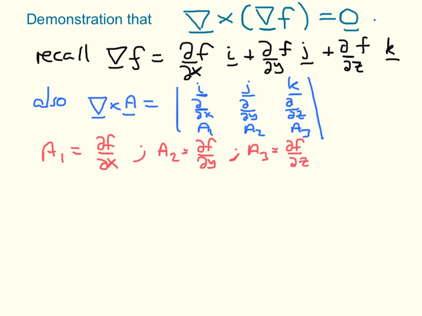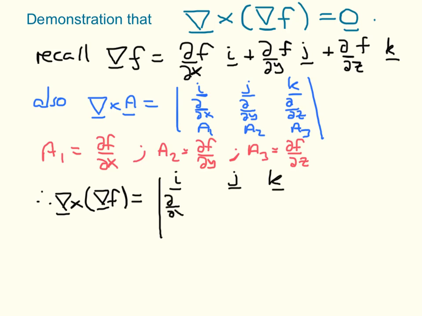So therefore, the curl of the gradient of the scalar field f is going to be given by i, j, k, d by dx, d by dy, d by dz, acting upon df dx, df dy, df dz.